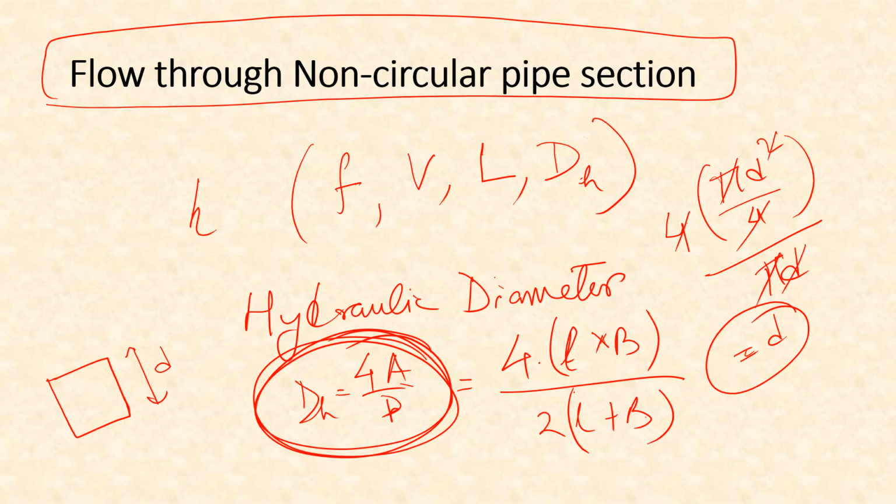That means the diameter of the pipe is the hydraulic diameter in case of a circular pipe, and in case of a square pipe, the length of one of the sides is the hydraulic diameter. In case of a rectangular pipe, it will be whatever you find based on the actual length and breadth. The same will be the case for triangular or hexagonal and so on. The only thing that you have to remember is hydraulic diameter equal to 4A by P.